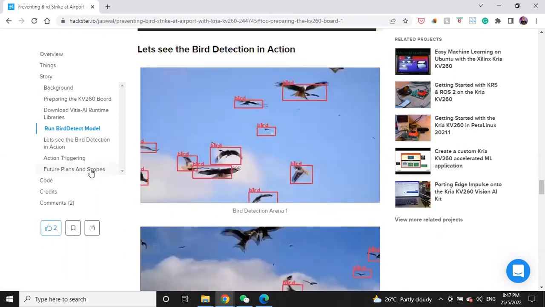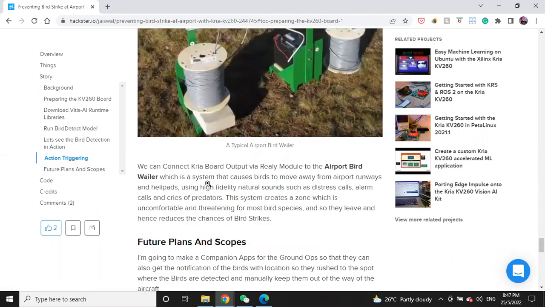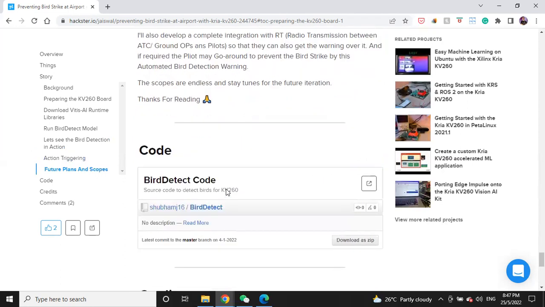If you go through this whole documentation, you can find all the links and code to replicate this project. And yeah, this is all about my bird detection with the Kria board and preventing bird strikes.